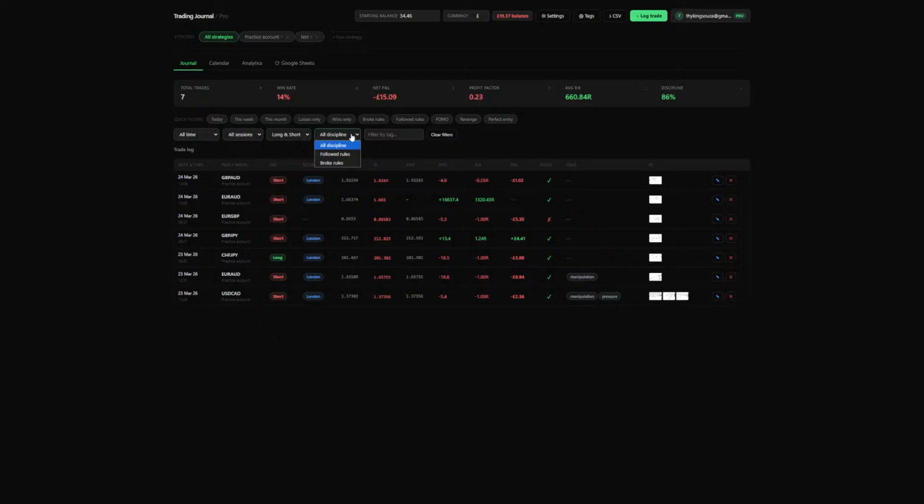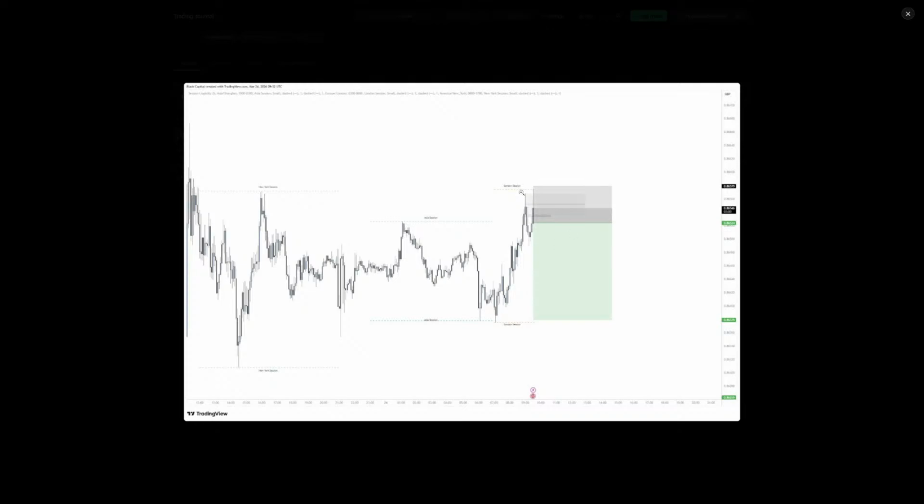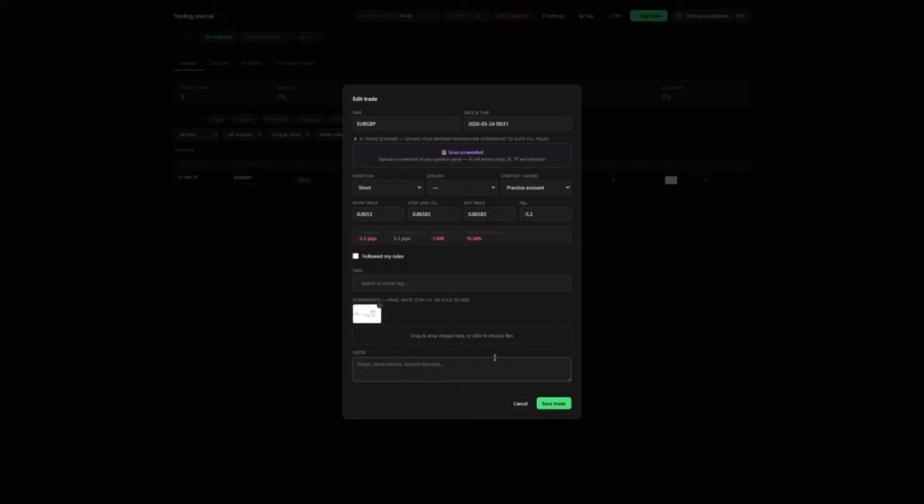You can sort by discipline. So you see all the trades where you broke your rules. Okay, so here I broke my rules. I entered this trade, it hit stop loss. Why? I didn't have the market structure shift. You can see we swept, displaced, but there was no market structure shift. And then what I can even do is edit it and say no market structure shift when price displaces.